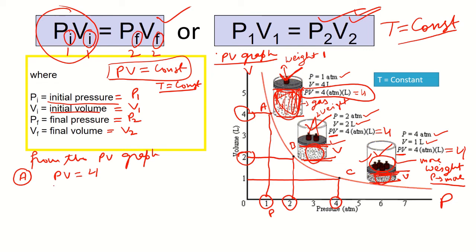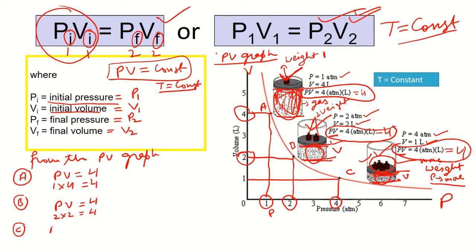So this is 1 multiplied by 4, coming 4. Now if I go to the B point, the value of PV is again coming 4. Here this is 2 multiplied by 2, and this is coming 4. And if I go to the C point, this is coming 4.